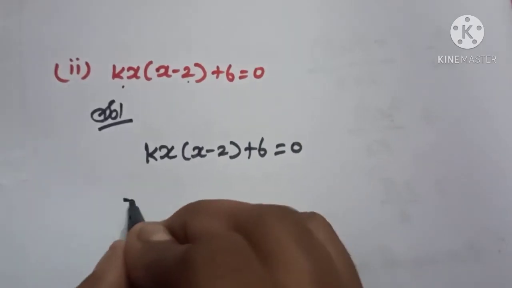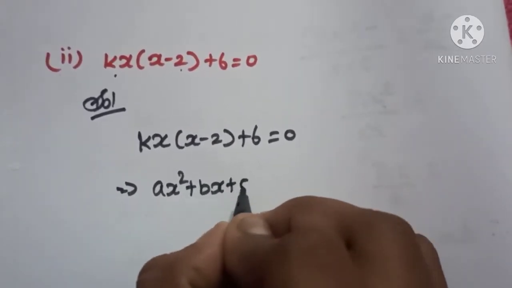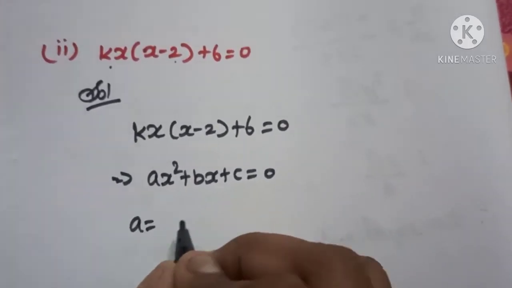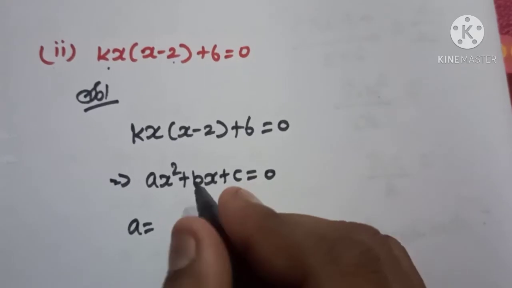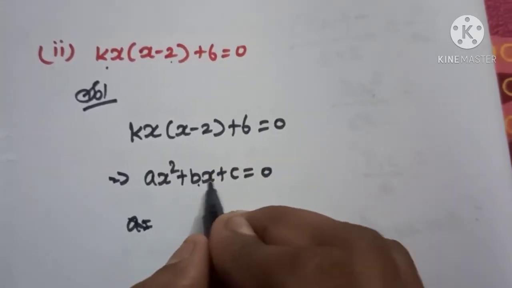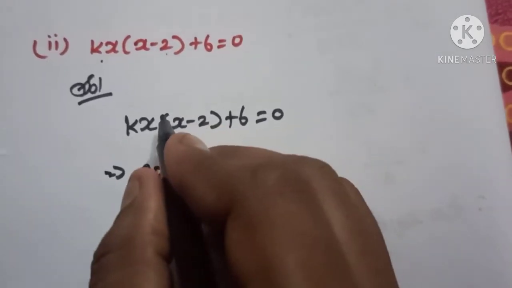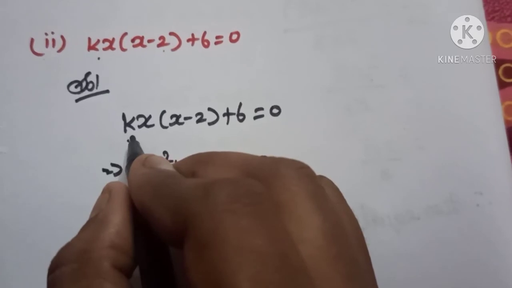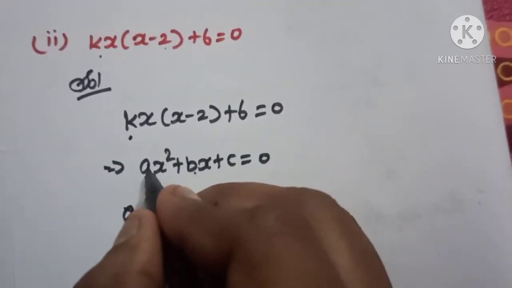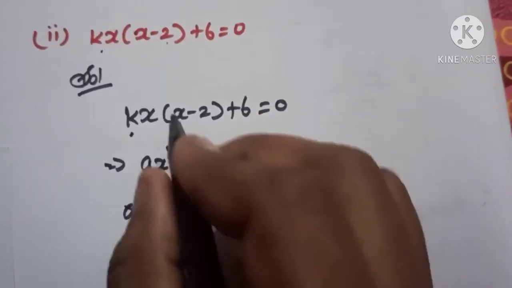As usual, we need to compare with the basic form ax square plus bx plus c is equal to 0. Here there is no x to the power 2 visible, so first you need to convert the given expression into the form ax square plus bx plus c is equal to 0. You need to multiply.